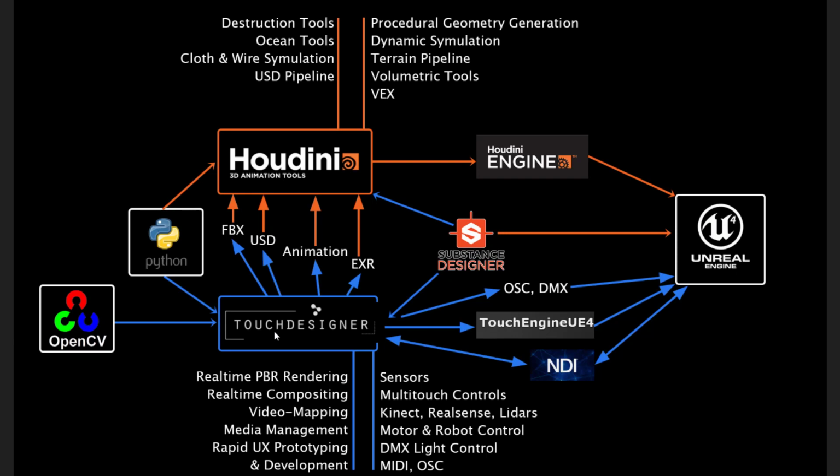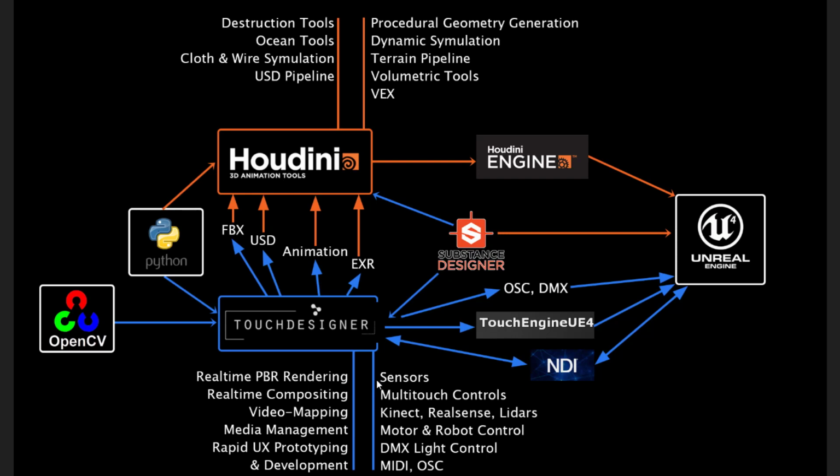The positive sides of TouchDesigner are, first, real-time rendering, and then it's amazing software for media management. It's super amazing for real-time rapid UX prototyping and development of different applications.